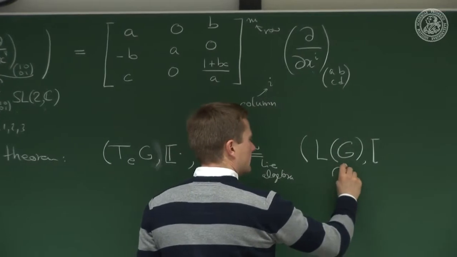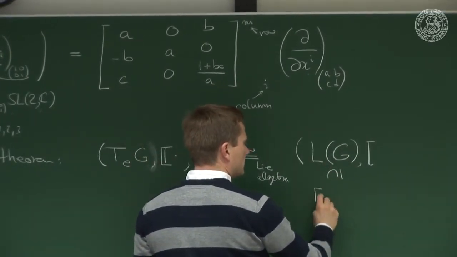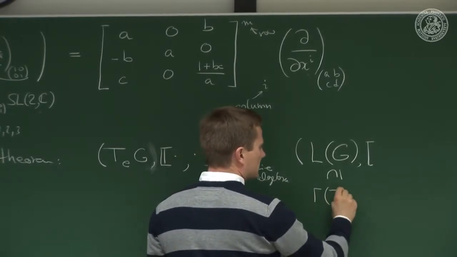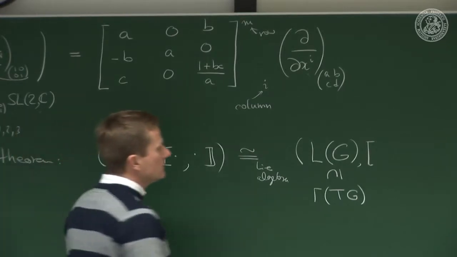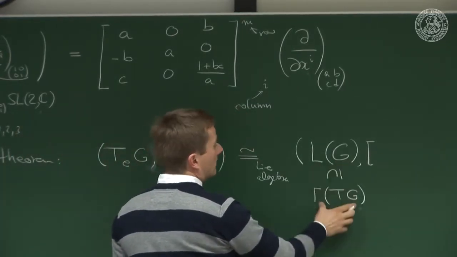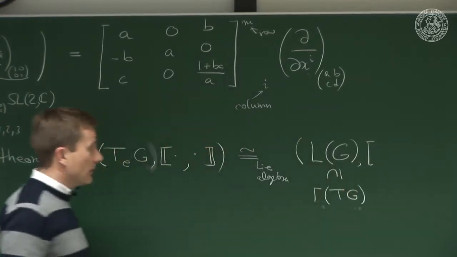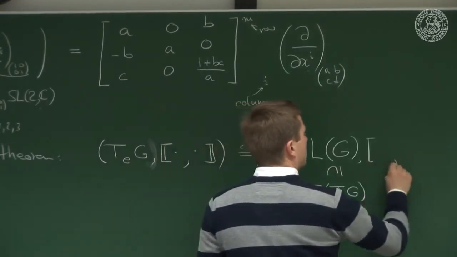So this set is certainly a subset of all the vector fields on the Lie group, so a subset of the sections of the tangent bundle of the Lie group, which is an infinite dimensional vector space over R or C, whereas this is, as we saw, a finite dimensional vector space.